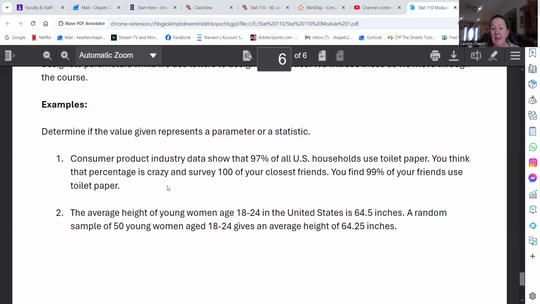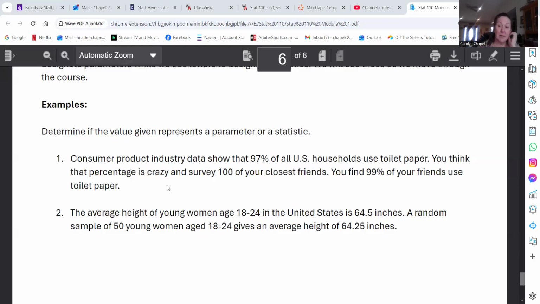The 97% is done on all US households, and if that was our population, just the ones in the US, that would be a parameter. If we were talking worldwide, that would still be a statistic, because then the US would just be a sample of the whole world. But in this problem, it was meant as a population. So that would be our parameter.